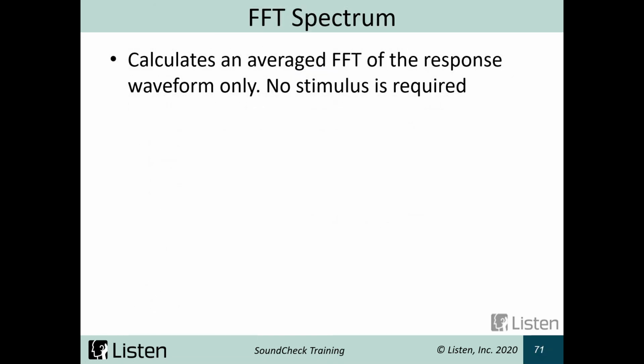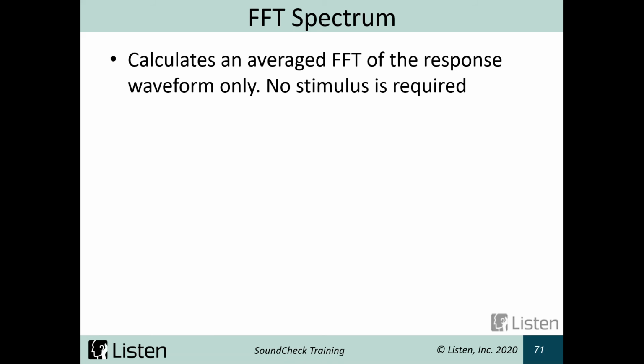So we'll start by looking at FFT. This will calculate an averaged FFT of the response waveform only. This is a little different from the basic electroacoustic test we were talking about with a stimulus and acquisition. We're not comparing the response waveform to anything.